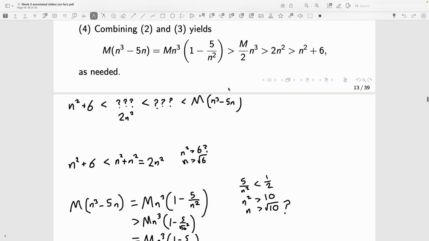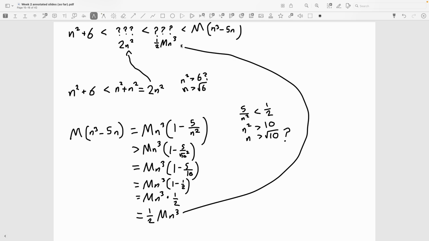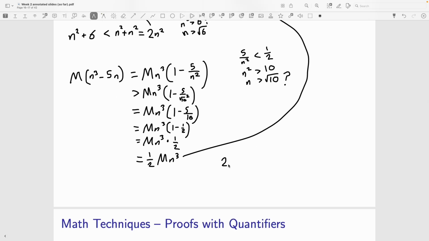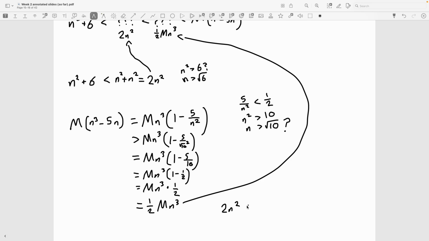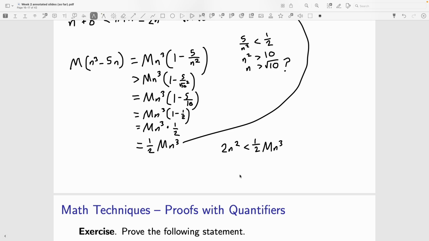Let's finish off by solving for n. From that bit of algebra, we got n must be greater than 4 over m.